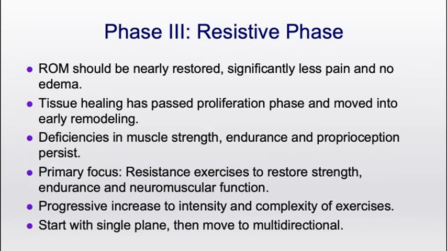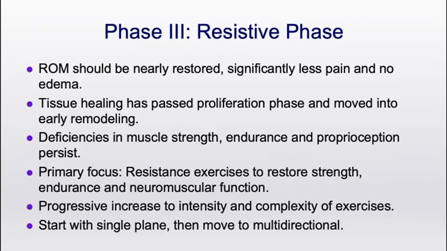The resistive phase, as you can imagine, is just that next step forward. After the active phase, they should have nearly normal range of motion and a lot less pain. They might have some pain left over, but you start to stop talking about pain and get away from focusing on that. You start to work on those deficiencies they still have in strength, endurance, and proprioception.